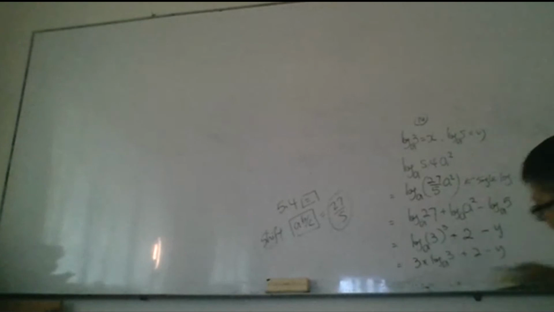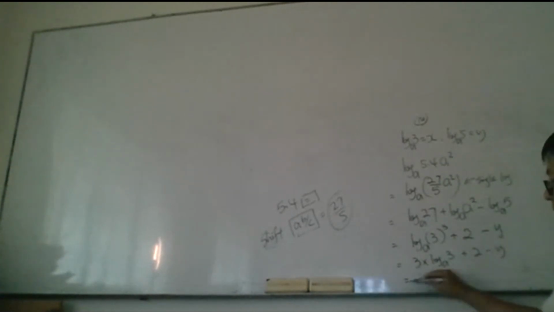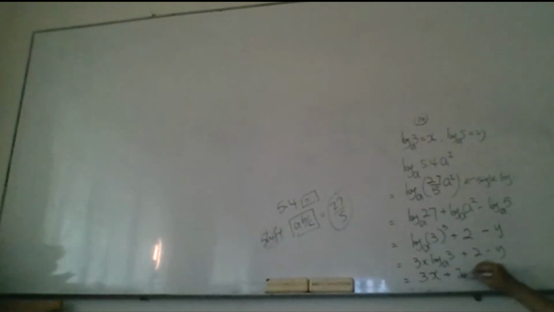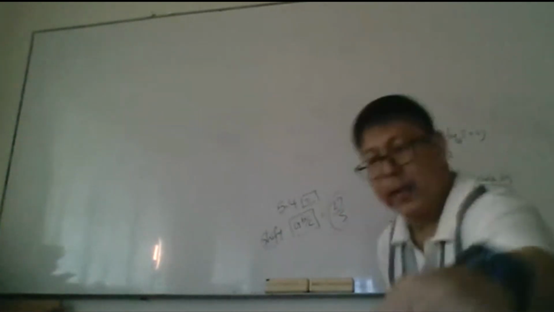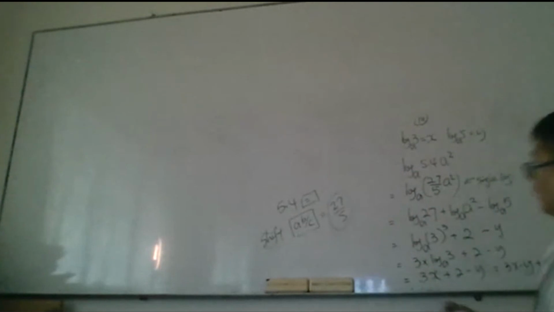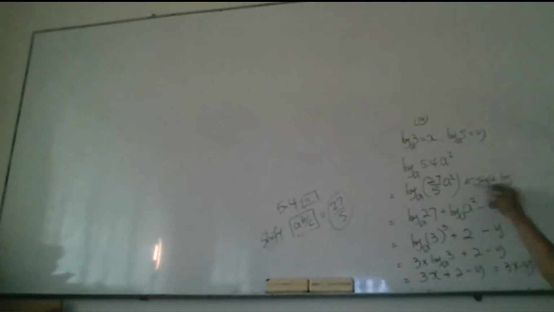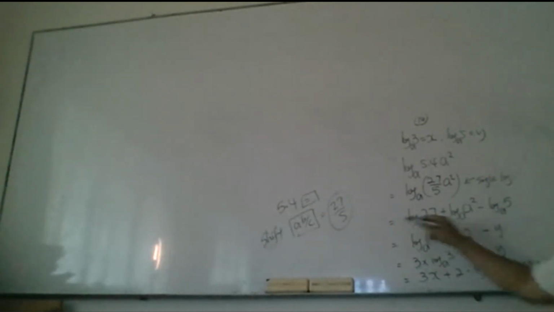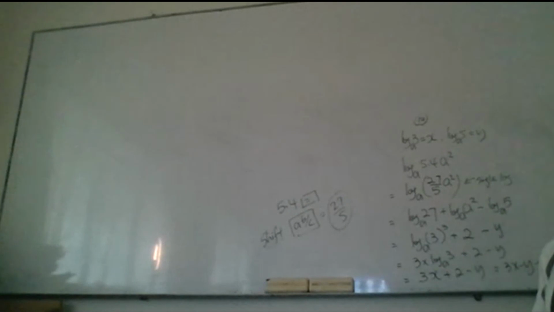Finally this will be 3 log_a 3 is x, so 3x plus 2 minus y, or you can put 3x minus y plus 2, also can. So this is your question number 14. We use a single logarithm and split it into two or more logarithms, then we can get the answer.